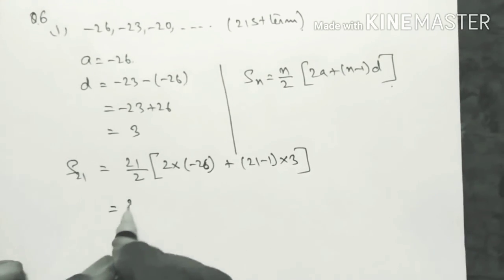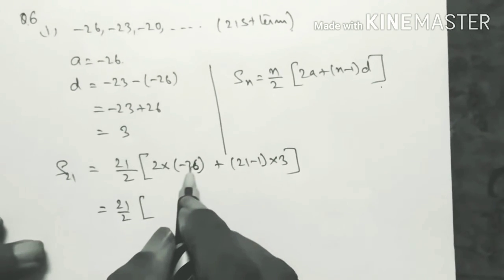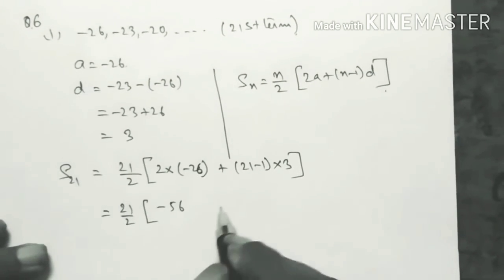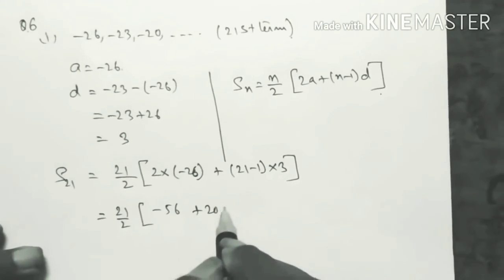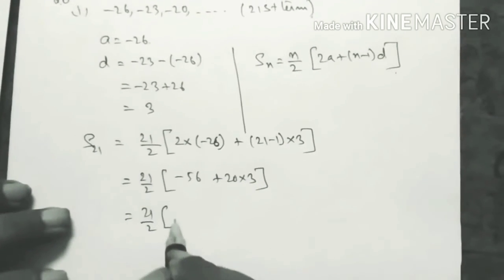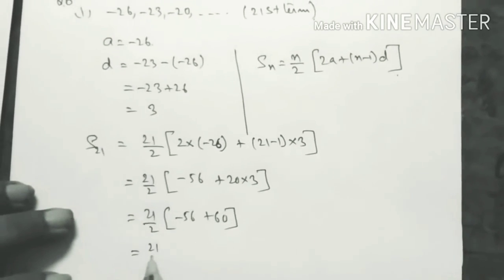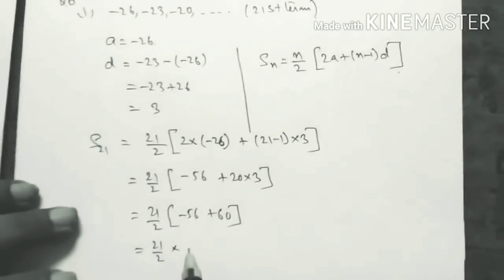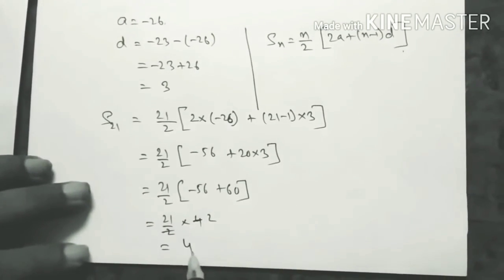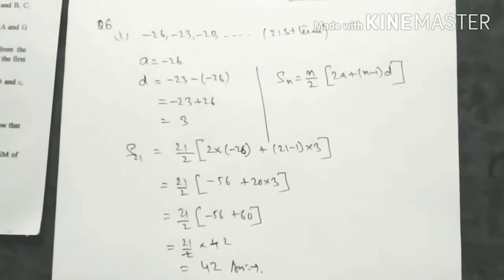So this is equal to 21 by 2 into minus 52 plus 20 into 3, that is 21 by 2 into minus 52 plus 60. So 21 by 2 into 8 comes out to be 84. This is your answer. Let me check your answers, which is given in the back.